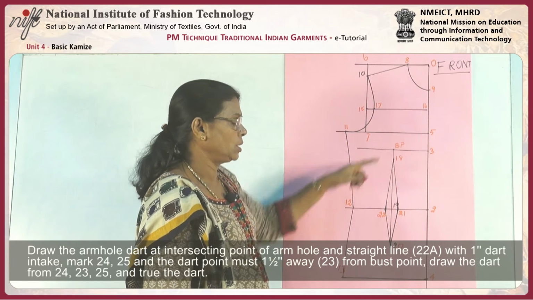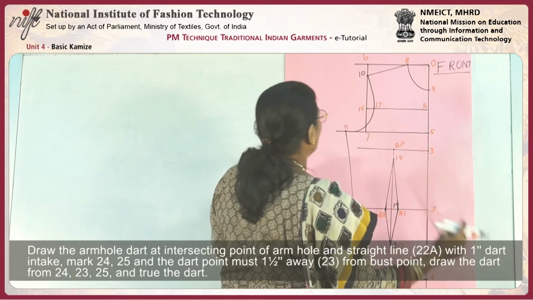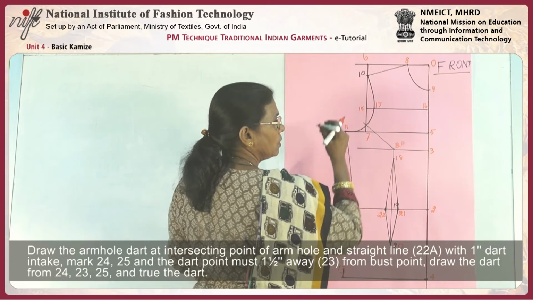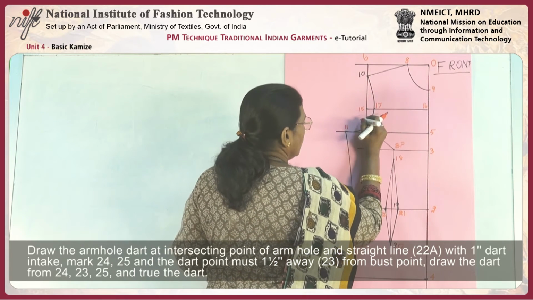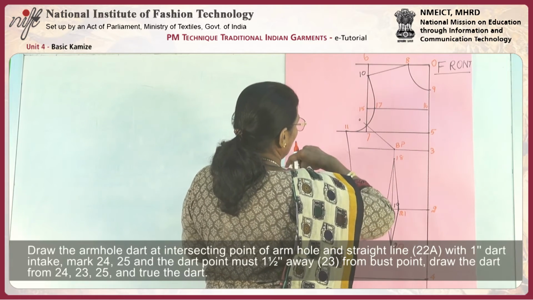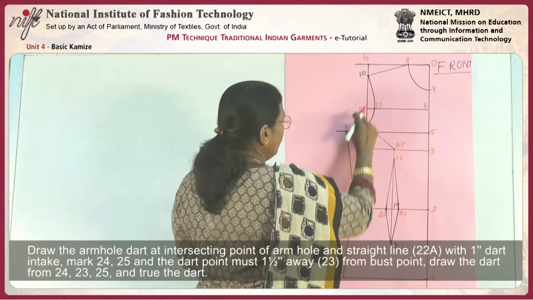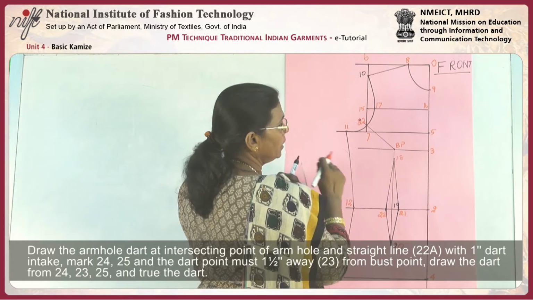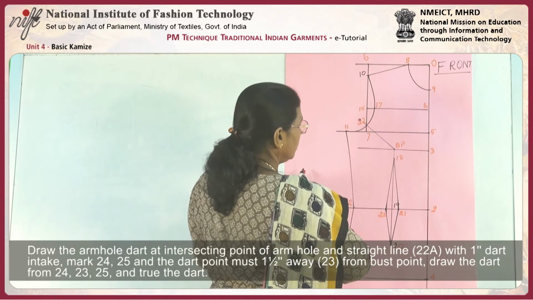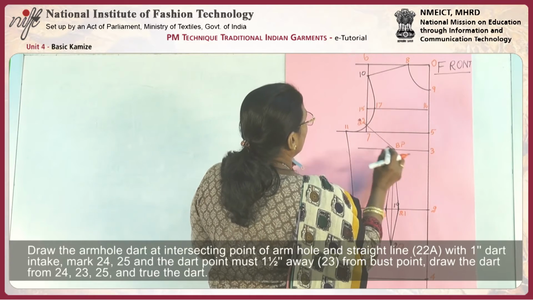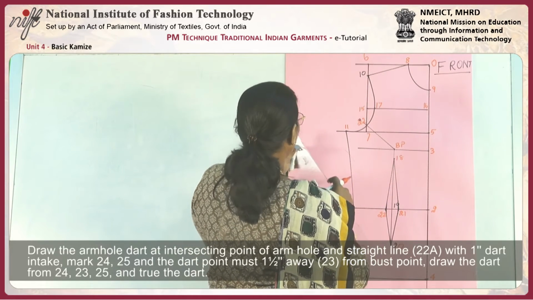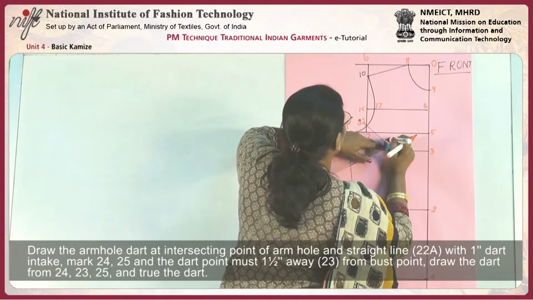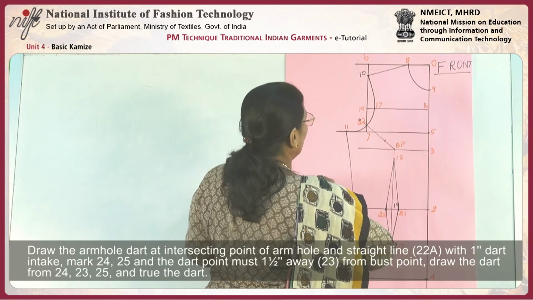It should face the bust point. 22 is the point where the curve and the straight line intersect, and take a line from 22 to the bust point and then mark 23, which is 1.5 inches away from the bust point. This is 23.